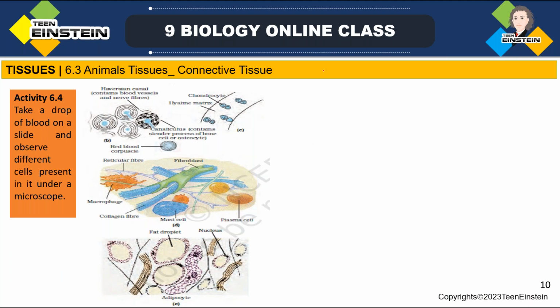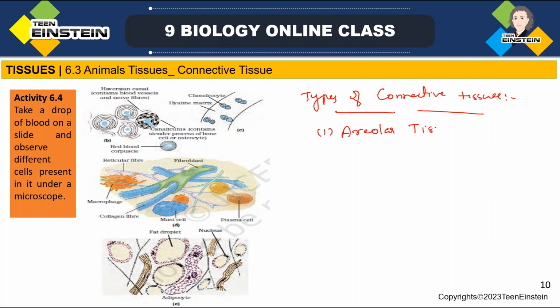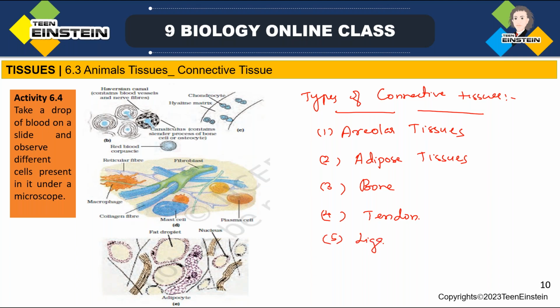Areolar tissue; second type is adipose tissue, the fat storing tissue; bone, tendon, ligament, cartilage, and the most important one, blood.